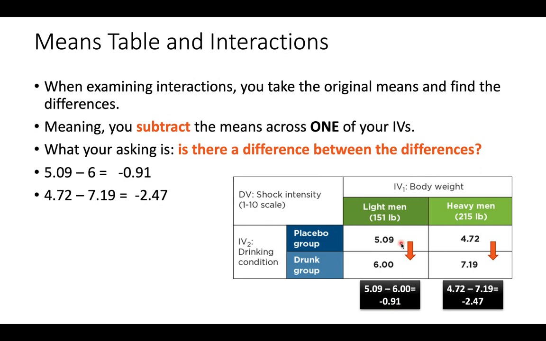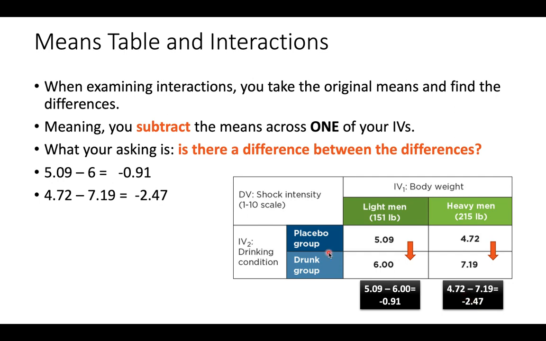They went from 5.09 to 6. This number is negative because when you subtract a bigger number from a smaller number, you get negative. But what's happening is that the light men become a little more aggressive when they drink, 0.91. What happens to the heavy men? When the heavy men drink, their aggression score changes a lot, 4.72 to 7.19, meaning they increase their aggression scores by 2.47.